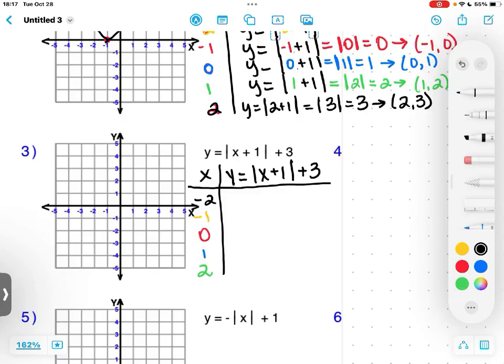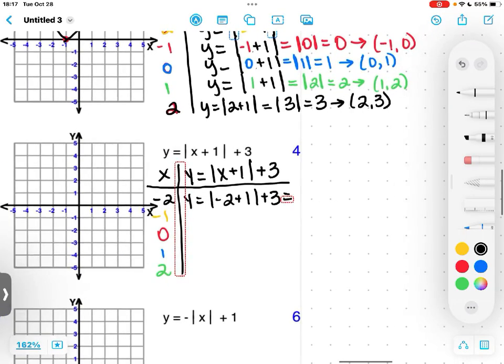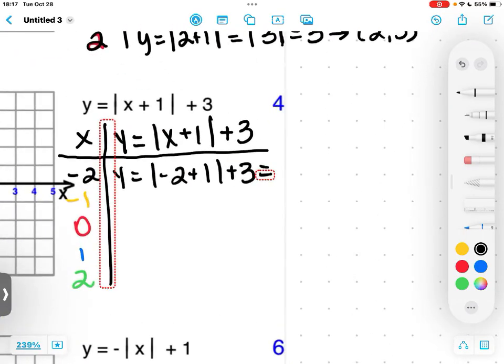So from here, we're just going to plug that in. Y equals the absolute value of -2 plus 1 plus 3. Now, I am going to go through the process of solving just to speed things up a little bit. This is where the order of operations would come into play. Do what's in your absolute value first. This would be the absolute value of a -2 plus 1, which is a -1. Keep that plus 3 on the outside.